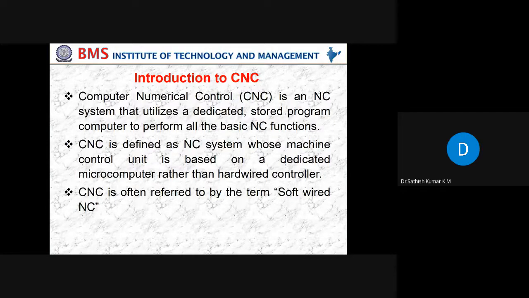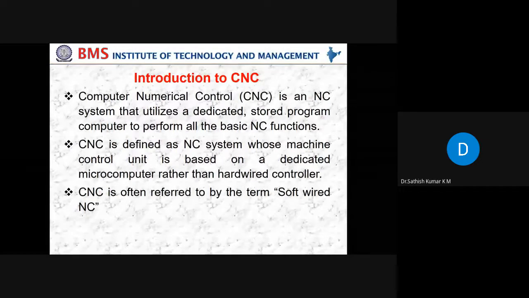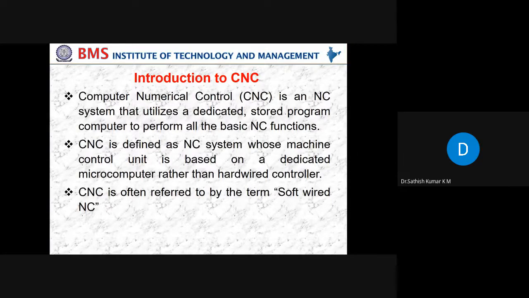Now, with the development of technology, the computer has started to evolve, and we are going to use the computer. If you replace the tape by a computer, that technology is what we call computerized or computer numerical control.